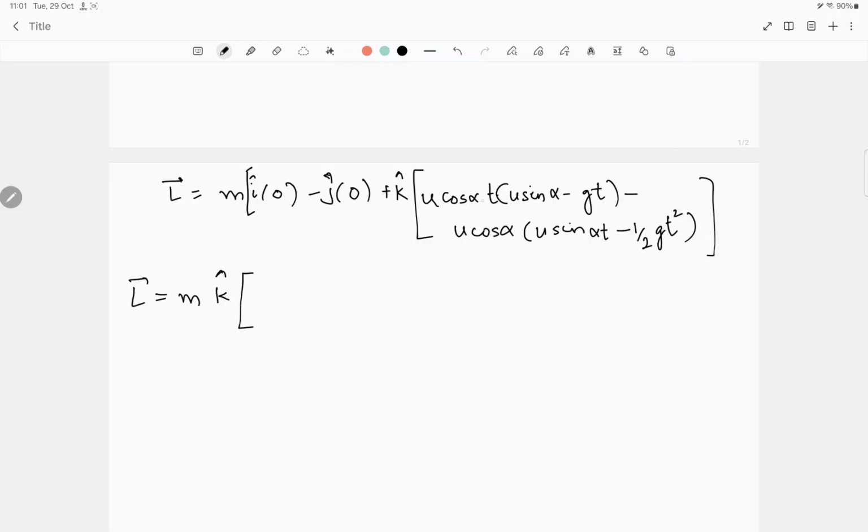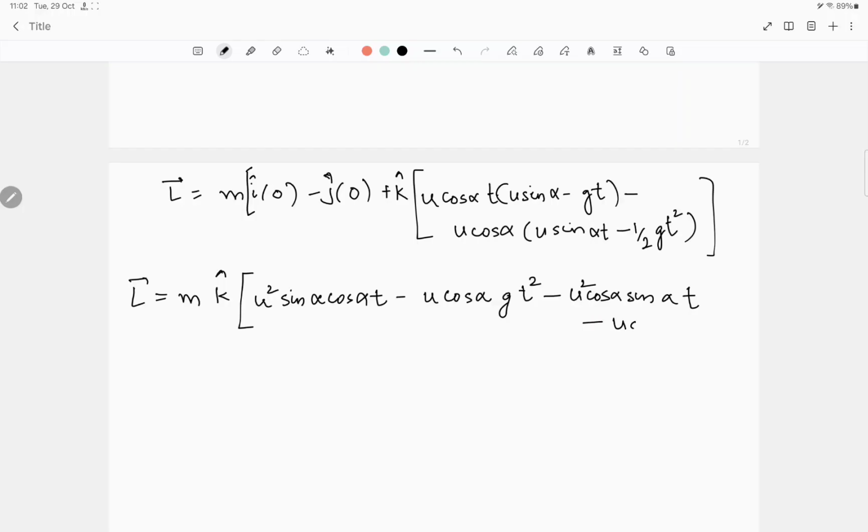U cos alpha t into u sin alpha is equal to u square sin alpha cos alpha t, minus u cos alpha into g into t square, minus u cos alpha into sin alpha u, which becomes u square into t.